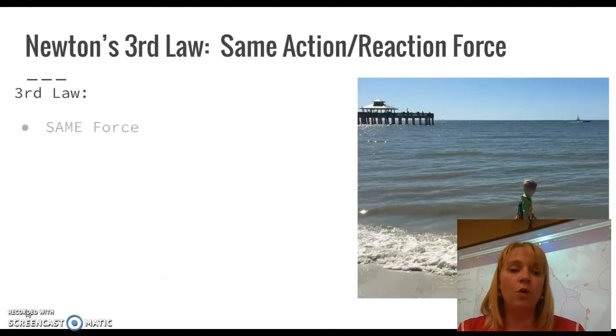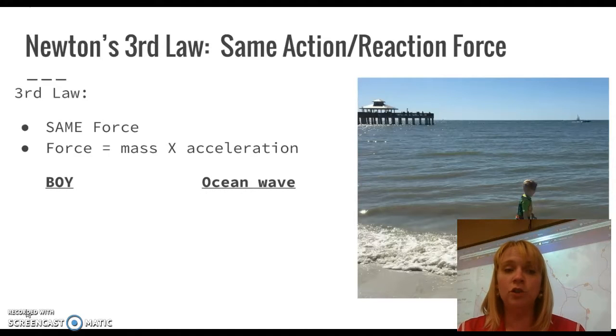Now using that third law, you can start to compare those two things. If I know the force is the same on both the boy and the ocean wave, you can look at how the effect of that force would be different on the different objects. Force equals mass times acceleration.